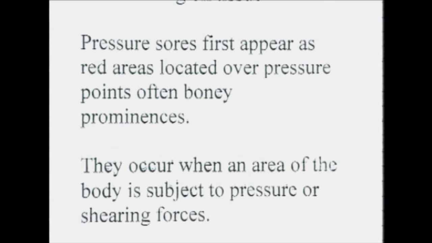Now pressure sores don't appear all of a sudden, they take time to develop. Usually pressure sores first appear as red areas located over pressure points, which as we've seen are often bony prominences, where the tissues are compressed between the outside force and the bone.